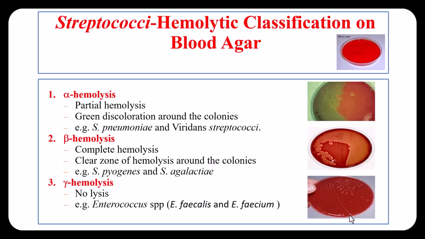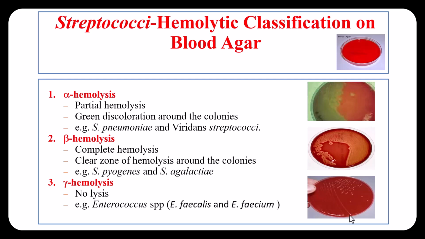Some produce alpha hemolysis, such as Streptococcus pneumoniae and viridans streptococci, and the growth appears as a green zone around the colony due to the partial destruction of the red blood cells. Others produce beta hemolysis, such as Streptococcus pyogenes and Streptococcus agalactiae, and the growth appears as a clear zone around the colony due to the complete destruction of the red blood cells, or complete hemolysis.